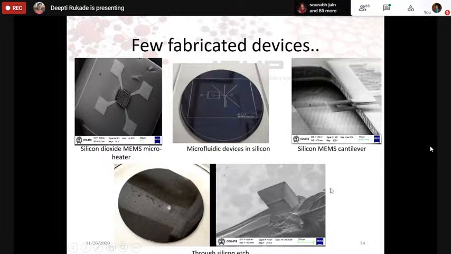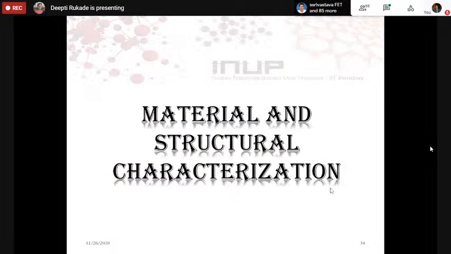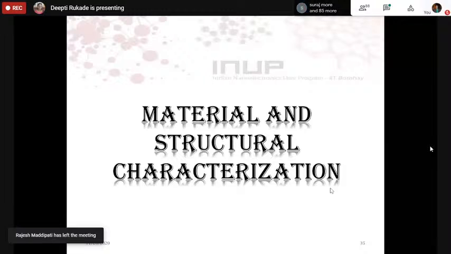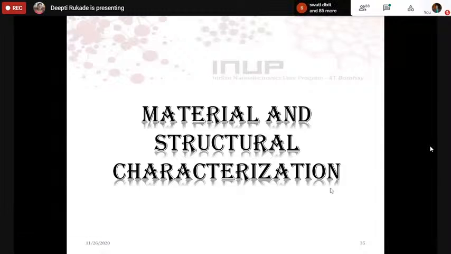So moving ahead, now it comes to the general part of material and structural characterization. As I said, we are not just restricting ourselves to the fabrication facilities. If anybody just wants to go ahead with characterization of materials, we are open to using the characterization facilities also.